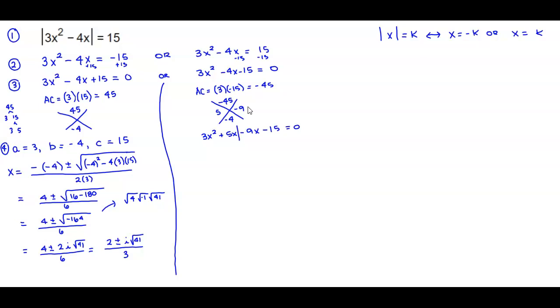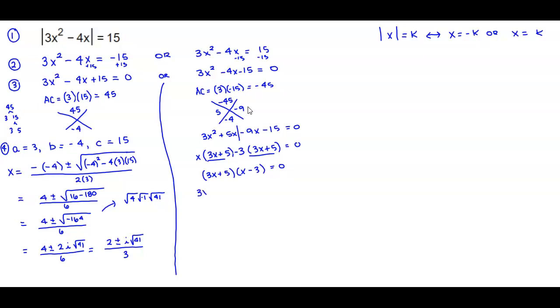And let's first factor out what they have in common in the first two terms, which is x. We have 3x plus 5, and you should get the same thing on this side, which is 3x plus 5. And so what do we need to multiply by 3x to get negative 9? Well, that's negative 3. So now we end up with 3x plus 5 times x minus 3, which is equal to 0.